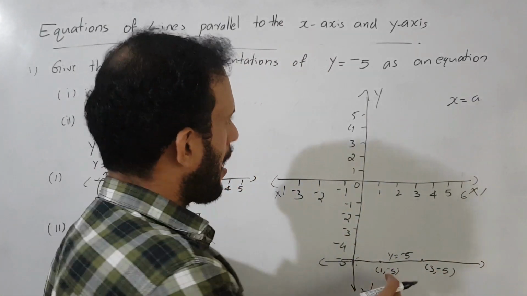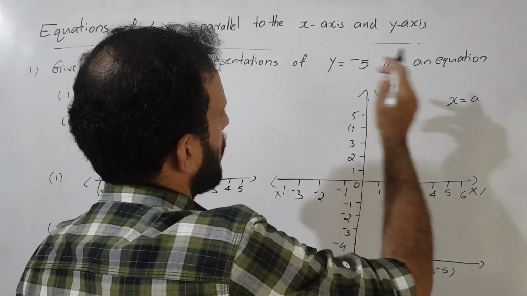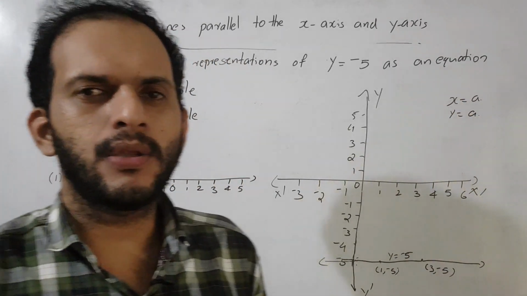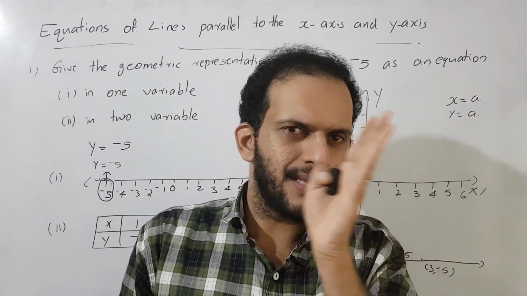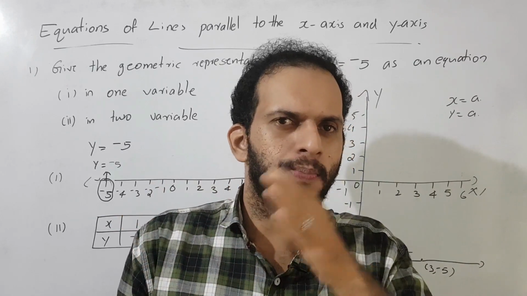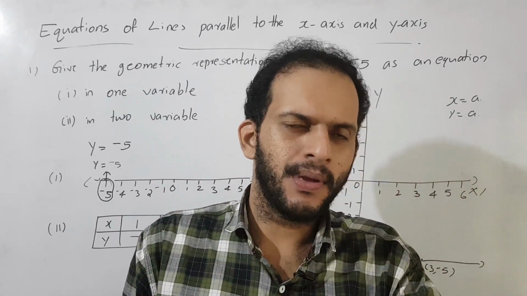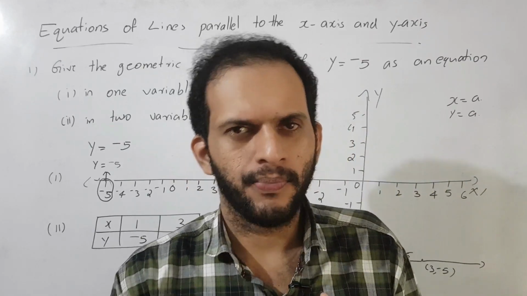If we get y is equal to a number, the graph is parallel to the x-axis. In the form of x is equal to a number, the graph is parallel to y.